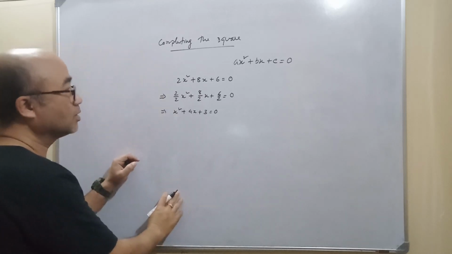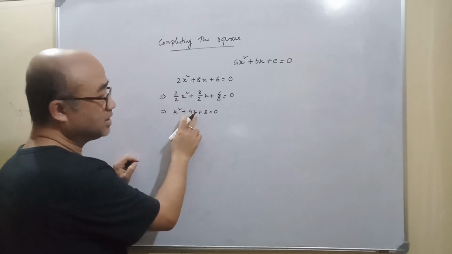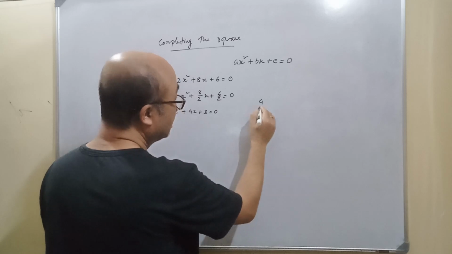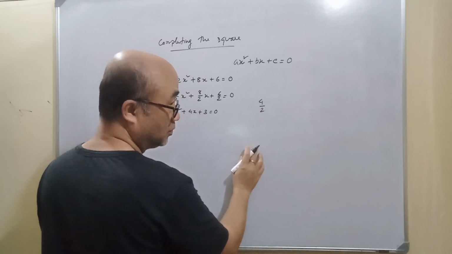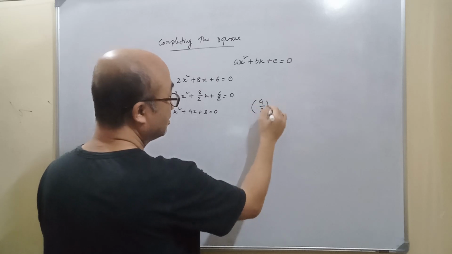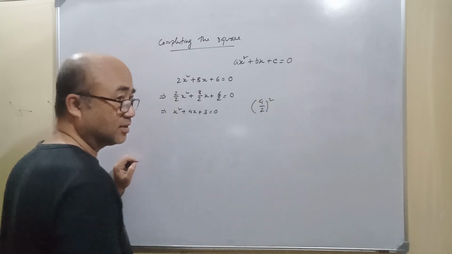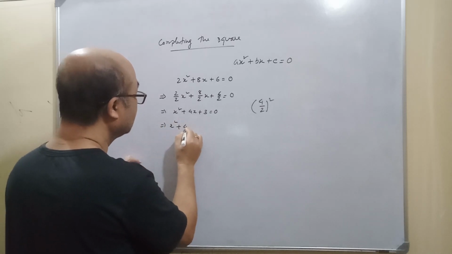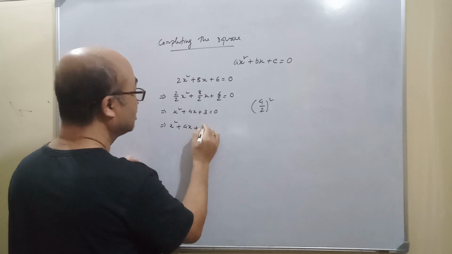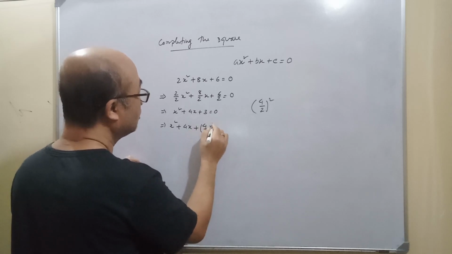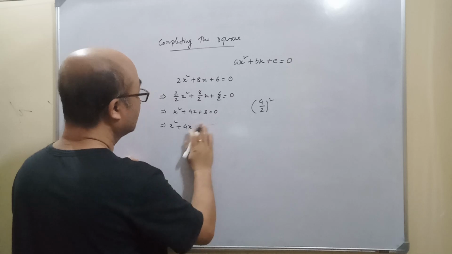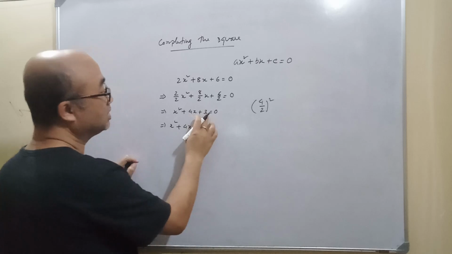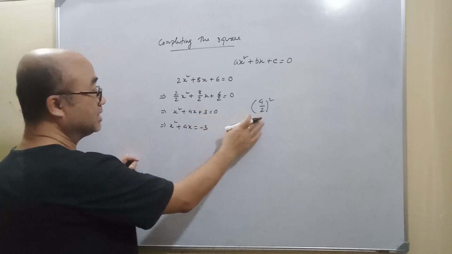Next, we have to take the coefficient of x. What is this? This is 4. Then divide it by 2. Then square it. Okay. So what we will do with that? Sorry, first you have to transfer the last term to the right hand side, then take this step.